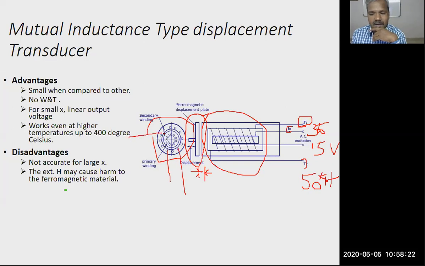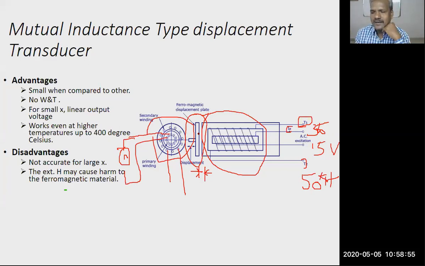The inner coil is excited with AC. This is the cross sectional view of the coil. As you know, when the gap between this probe and the plate is large, the reluctance will be more. Reluctance is nothing but magnetic resistance. In an electrical circuit, it is resistance; in a magnetic circuit, it is called reluctance.